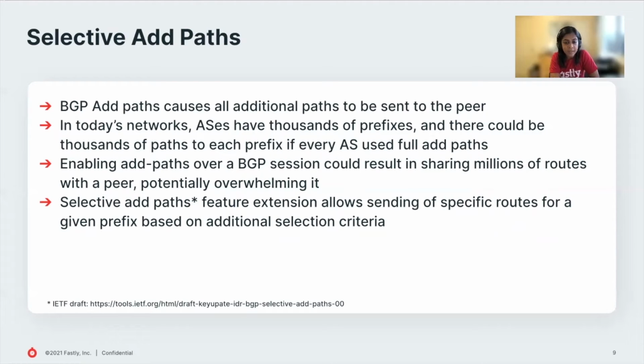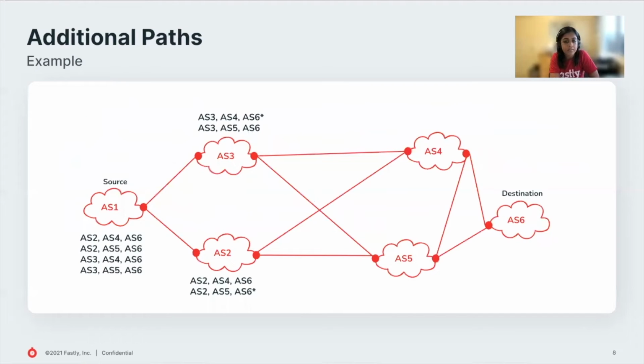So selective add paths, which is currently an IETF draft, is a feature extension for add paths, which allows sending of specific routes for a given prefix based on some additional criteria. So in this case, instead of sharing all the routes from AS3 and AS2, there could be specific other criteria, specific route attributes that you could use in order to select which ones to share and which ones not to share.